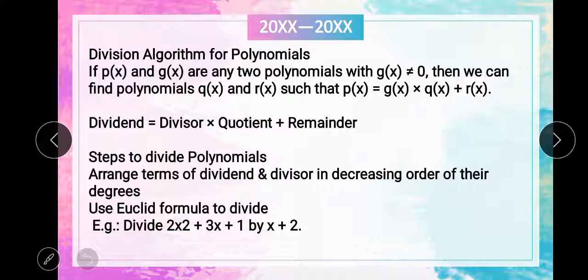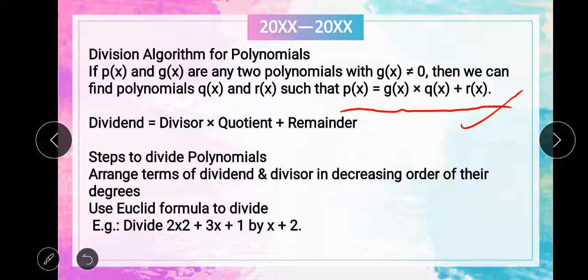Now, division algorithm for polynomials. If p(x) and g(x) are two polynomials where g(x) is not equal to 0, then we can find polynomials q(x) and r(x) such that p(x) is equal to q(x) into g(x) plus r(x). Here on the screen, p(x) is equal to g(x) into q(x) plus r(x). This is the division algorithm for polynomials.